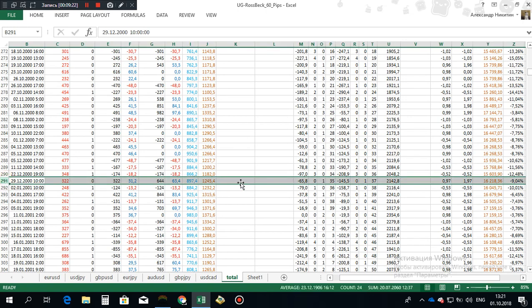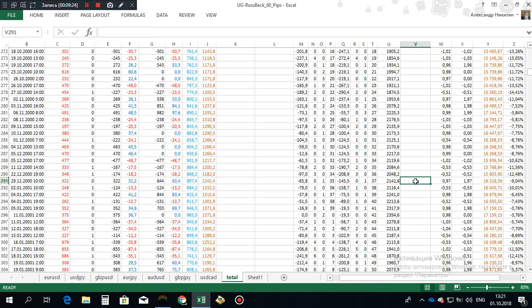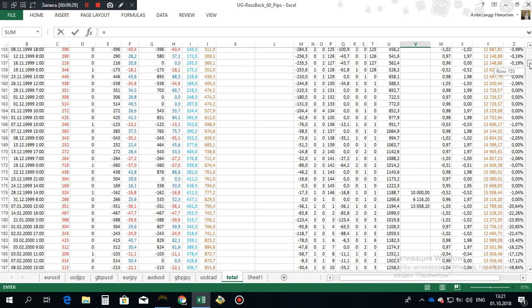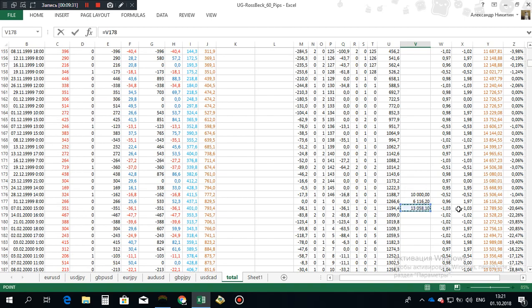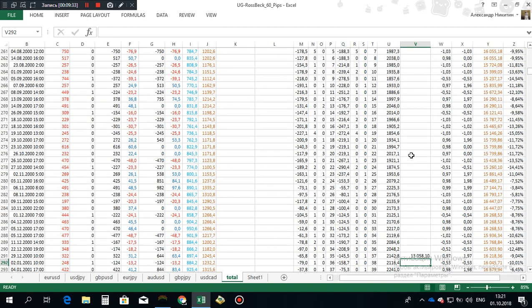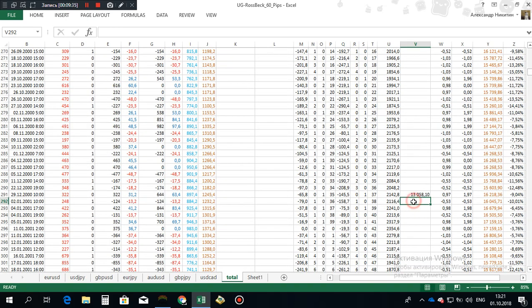Okay, the last trade of this. So what was our previous account? Our previous account was this. Okay, now we have our previous account. What is our profit?